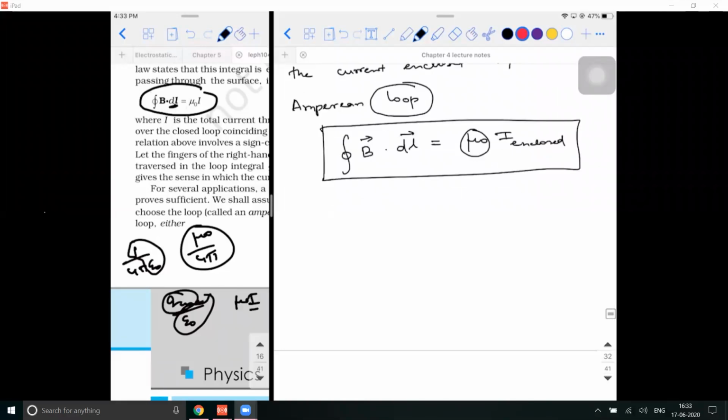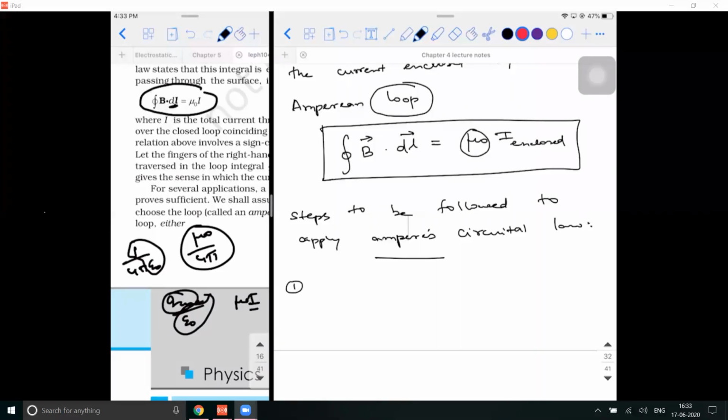Observe, I'll tell you the steps. These steps are not in the book, so make a note of it. Steps to be followed to apply Ampere's circuital law.